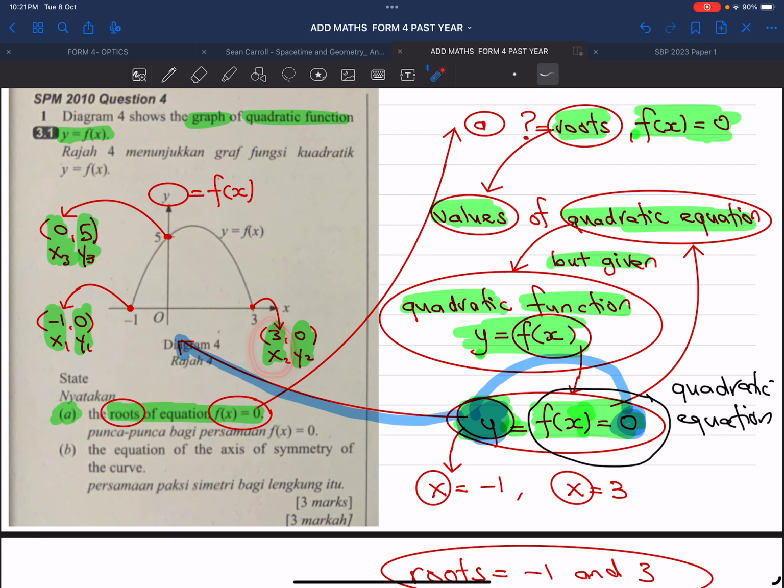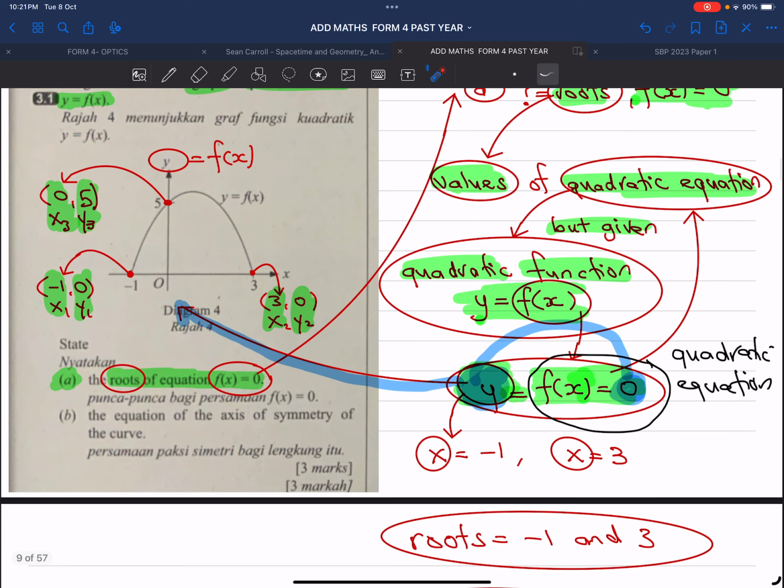When y1 is 0, the x1 is -1. Which means when the y is 0, from the points, the x1 is -1 and the x2 is 3. Remember, when the y is 0, it is the x-coordinate, y is 0, x is 3, y is 0, x is -1.